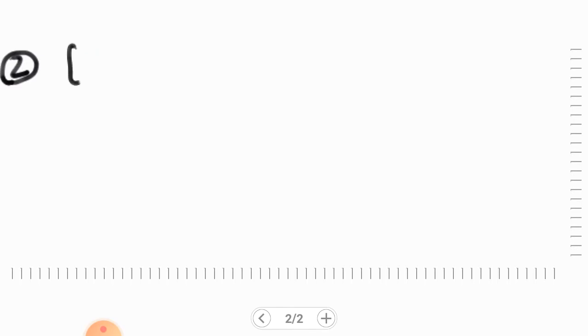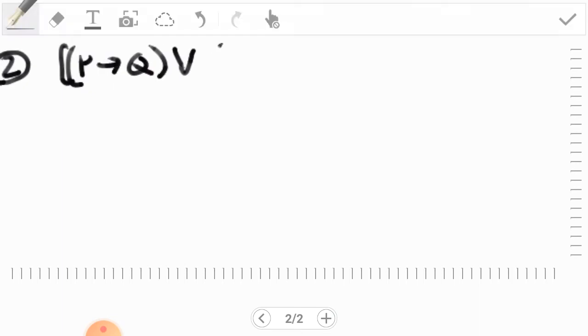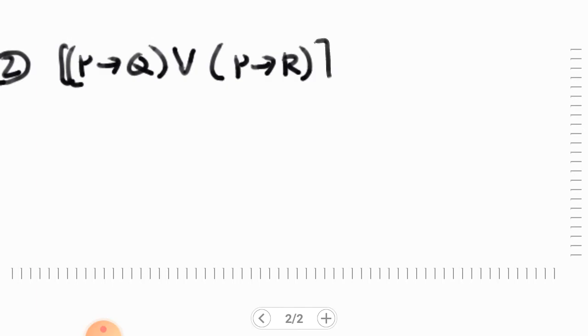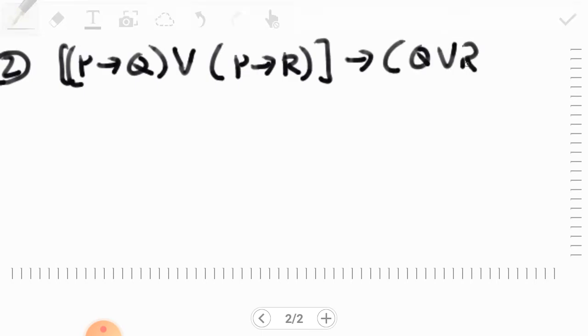We have P implies Q, or P implies R, implies Q or R.